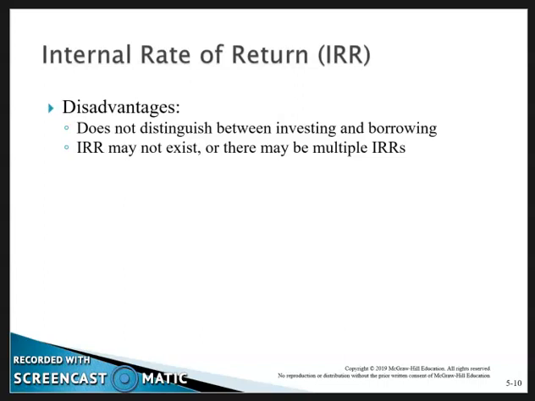That creates significant problems. If a project had disposal costs, say we had to pay to dispose of a piece of equipment after we use it for 10 years, that again would create an additional IRR. There can be problems with mutually exclusive investments.